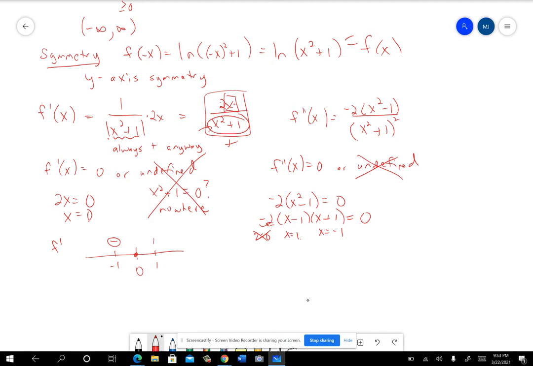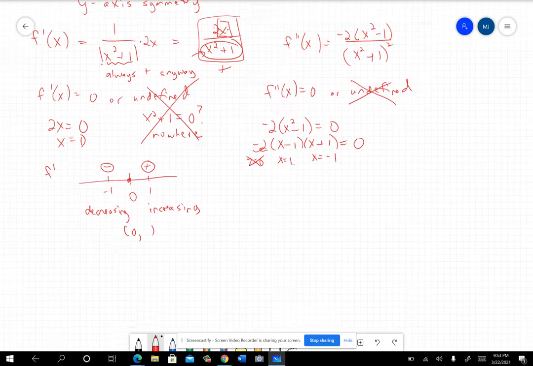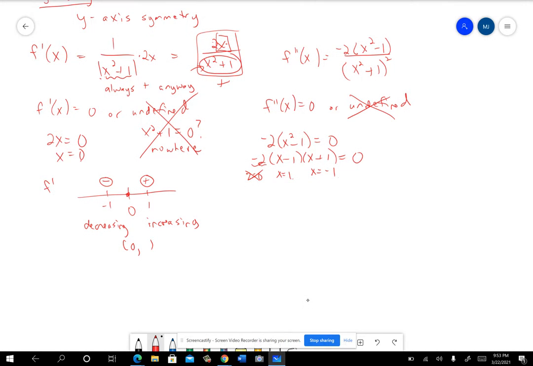The denominator always is. Okay, so that means it's going to be decreasing followed by increasing. Okay, so that makes that point at 0 a minimum value.